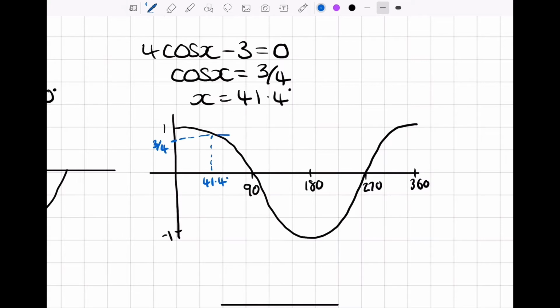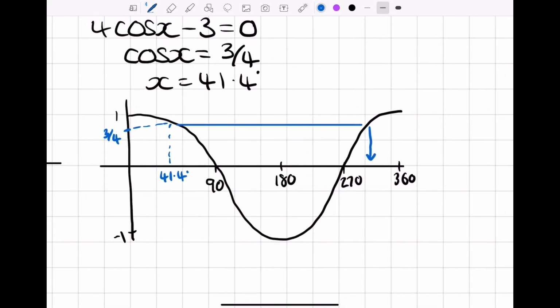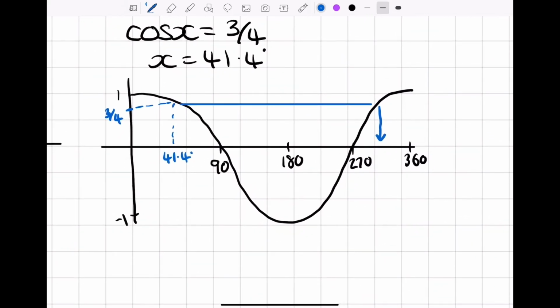But we'll also have another solution for this one. So if I continue in that line, my next solution will be somewhere between 270 and 360. With this one, where people have gone wrong in the past is deciding whether to add it to 270 or take it away from 360 for this 41.